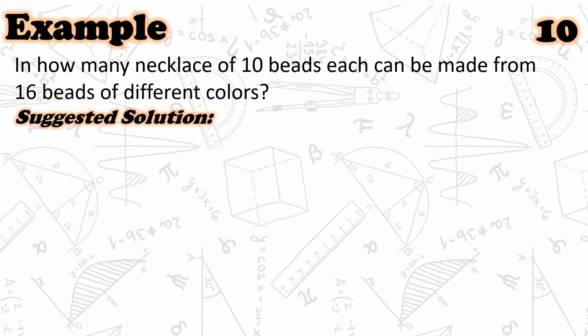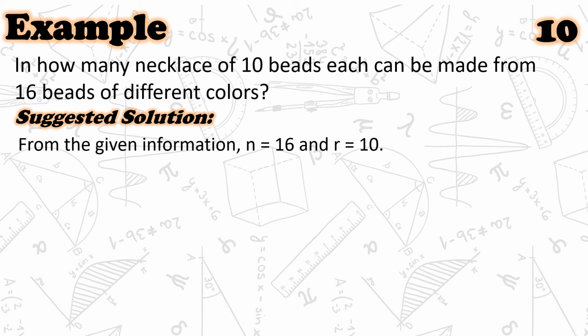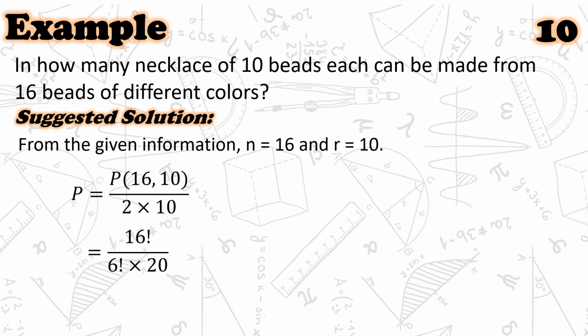Here's our suggested solution. Since arranging 10 beads in a circular bracelet, the clockwise and anticlockwise orders of beads are the same, and we take these 10 beads from a set of 16 beads, n is equal to 16 and r is equal to 10, and we use the formula n permutation r over 2r. So we have 16 permutation 10 over 2 times 10. 16 permutation 10 is 16 factorial over 6 factorial, that is divided by 2 times 10.